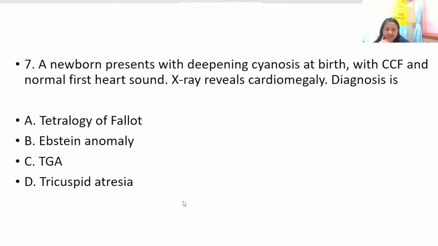A newborn presents with deepening cyanosis at birth with CCF and normal first heart sound. X-ray reveals cardiomegaly. Diagnosis is, now here your clues are, there is cyanosis at birth, and there is CCF, the first heart sound is normal and X-ray reveals cardiomegaly.